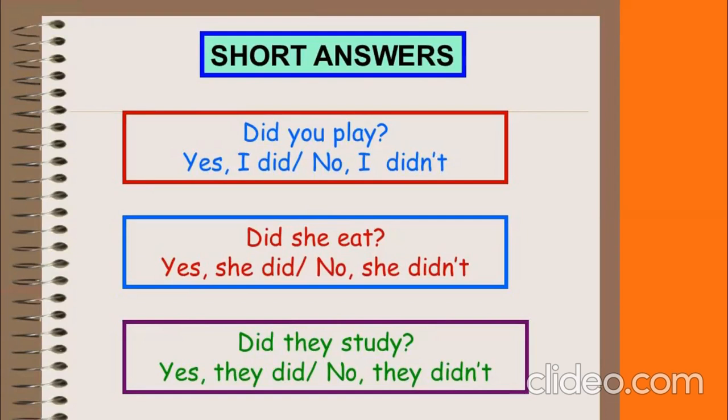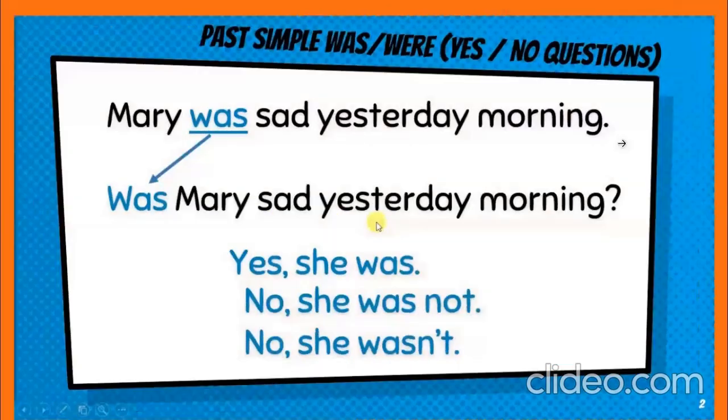Yes, they did, or no, they didn't. So those are the short answers for yes and no questions. We just have two options, yes, I did, or no, I didn't, or I did not. Didn't is the contraction of did not. Okay, questions so far about short answers? No questions, teacher. All right, good. Let's move on.